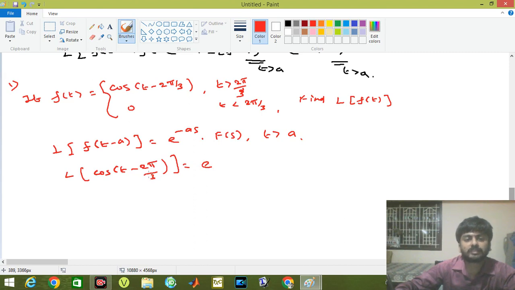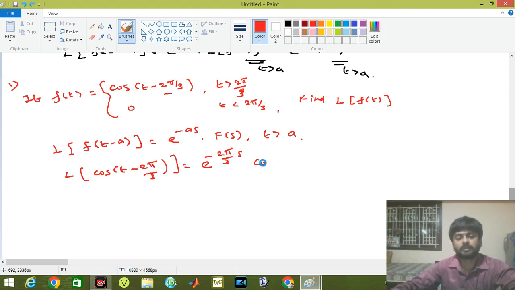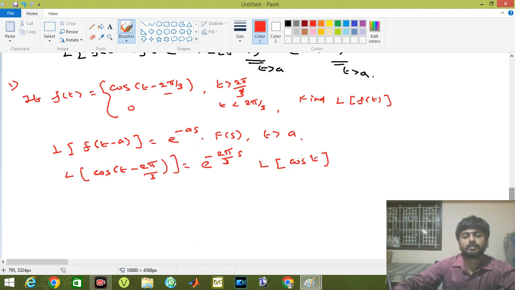What is a? We can easily judge a. Here t minus a, t greater than a, so a is 2 pi by 3. E power of minus 2 pi by 3 into s, into L of cos of t.